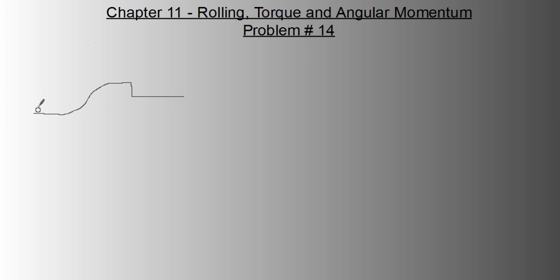So this problem will demonstrate both of those. We get a ball here, and it starts with some kinetic energy, both rolling and translational, and it goes up this ramp and then off this little cliff, and projectile motion lands a distance d away.